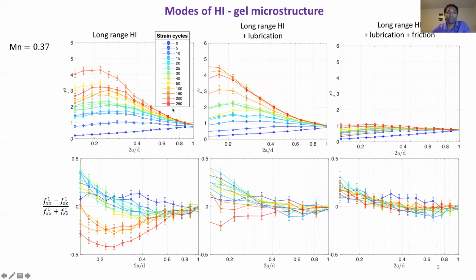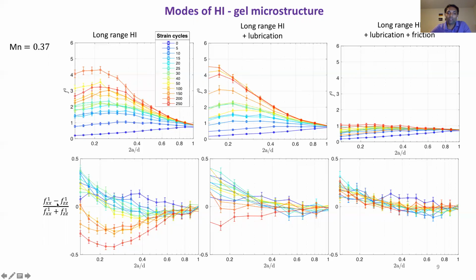Interestingly, the gels produced with the long-range HI module and the lubrication module show similar number density fluctuations, indicating that lubrication does not affect the gel heterogeneity. However, the gels produced with the friction module are more uniform. The number density fluctuations are very small.